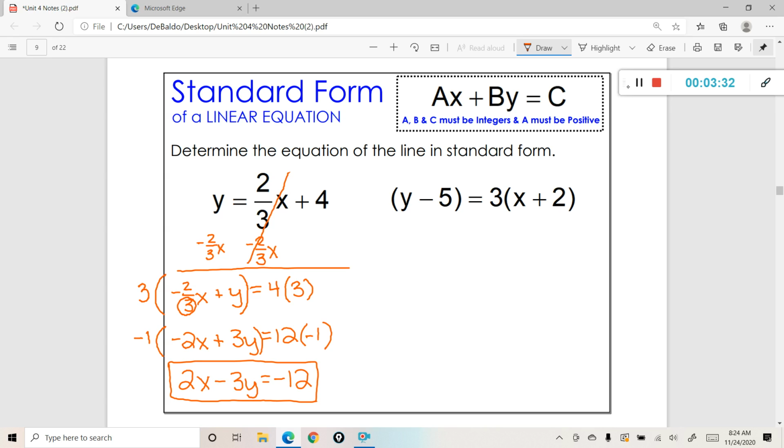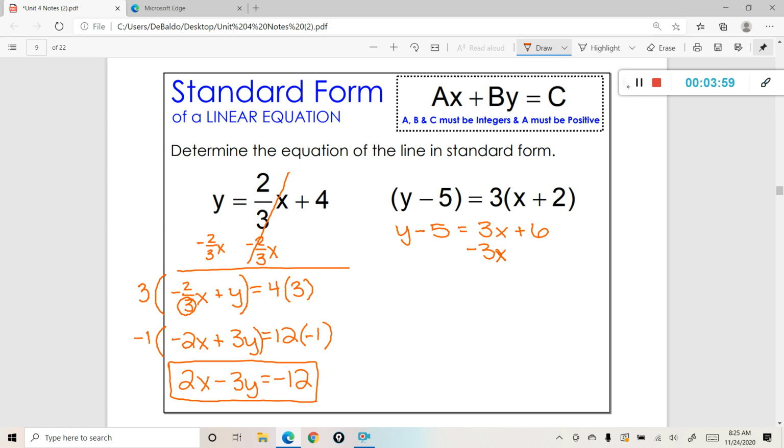This time we have an equation that's in point slope form, and we want to transfer it into standard form. Now, let's take a look here. I'm going to start by distributing my 3. So y minus 5 is equal to 3x plus 6. Now, again, I need to get my x over to the left, and I need to get my constant over to the right. So I'm going to start with my x.